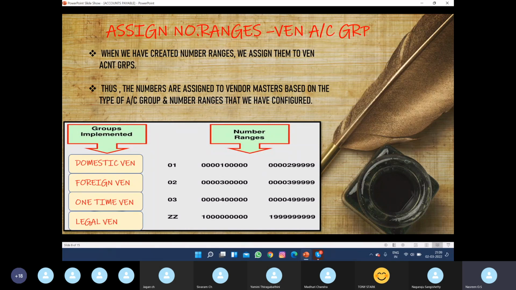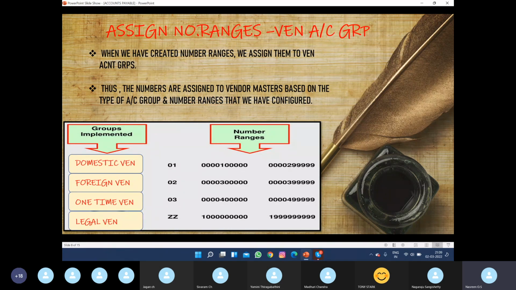These number ranges can also be a requirement of the client. For example, if the client requires that the vendor groups or the vendors in the organization have to be identified with a particular number, then we can also assign them based on the client's requirements. For example, if we consider Mr. X as one of the vendors of our company, he is a domestic vendor.